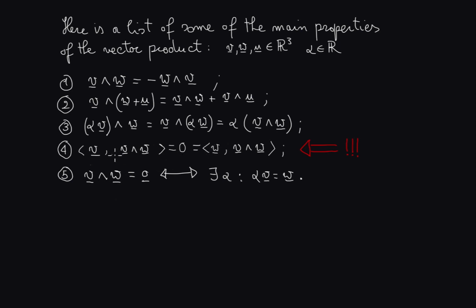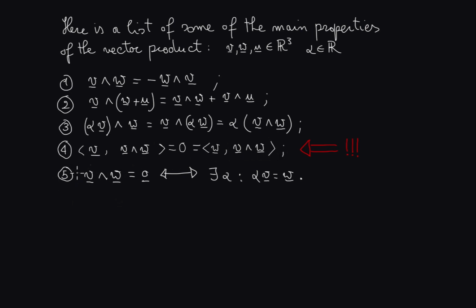Assuming that v and w are linearly independent, geometrically the vector product of them will be perpendicular to the plane generated by v and w. This is a crucial property of vector products that we will investigate further in future lectures.